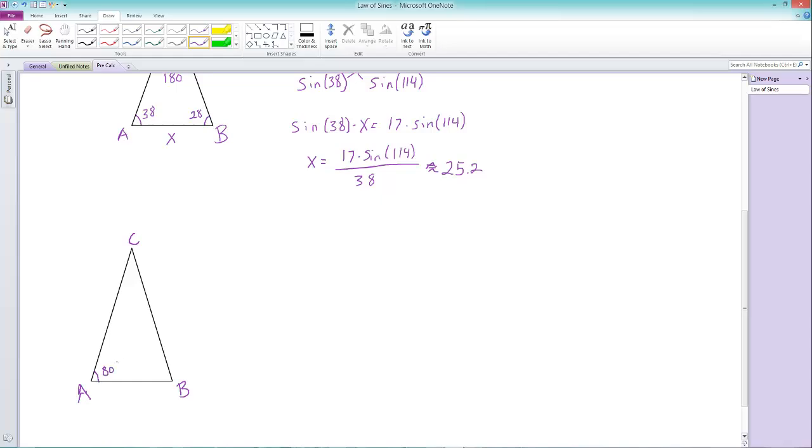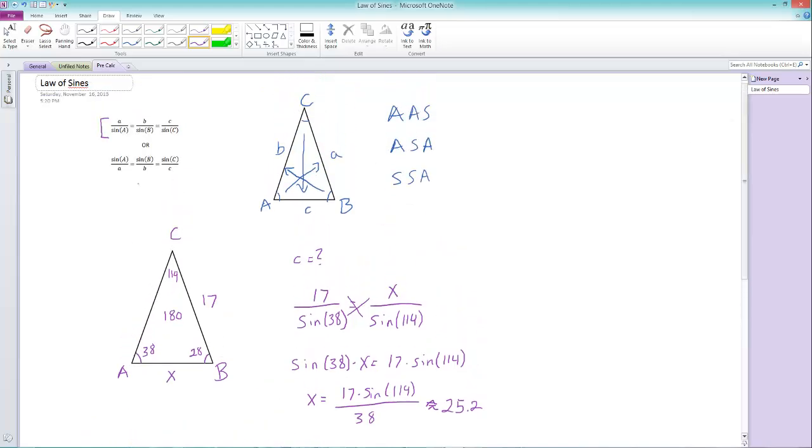I'm going to use the other formula. So scrolling back up, now I'm going to use these guys. So the sine of angle B over side b, which is 3.4, is equal to the sine of 80 over 6.5.